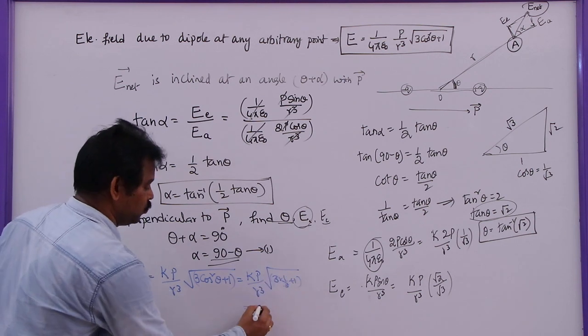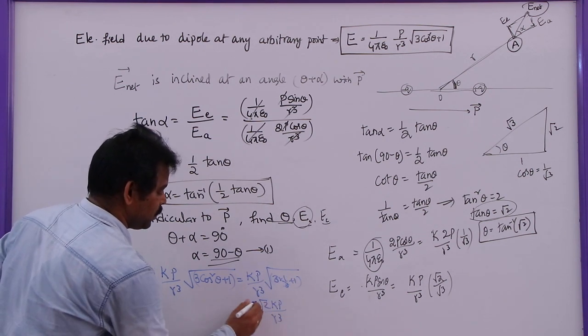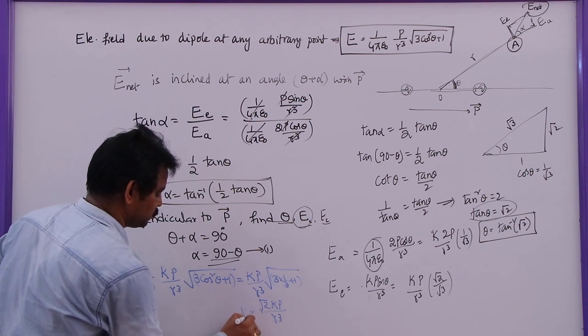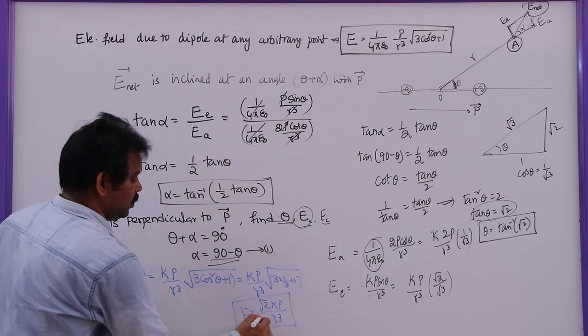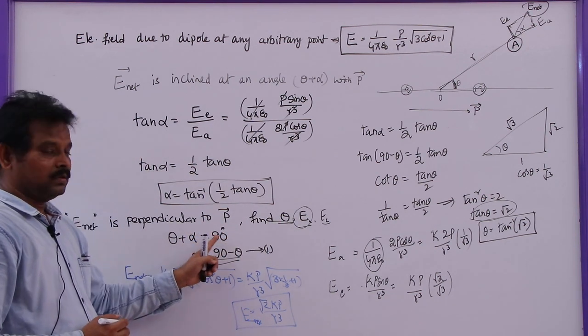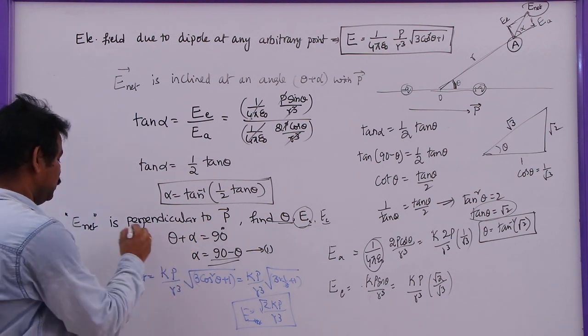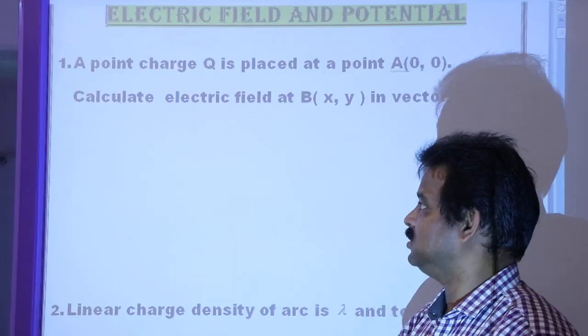This will become 1 plus 1, root 2. So root 2 k p by r cube. So this is the net electric field if theta and alpha, the sum of these two is 90, or E net is perpendicular to P bar.